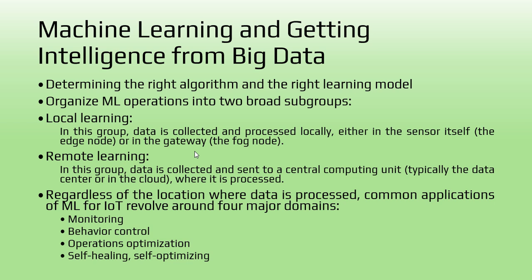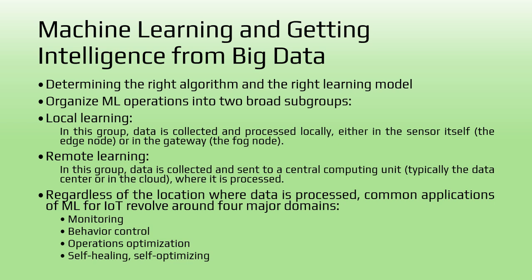So this is called local learning, where the data is collected from the local location and the learning happens there. On the other hand, in remote learning, data is collected and sent to a central computing unit, typically the data center or the cloud, where the data is processed, and from there the learning happens. So in machine learning, two types of learning operations are categorized: local and remote.